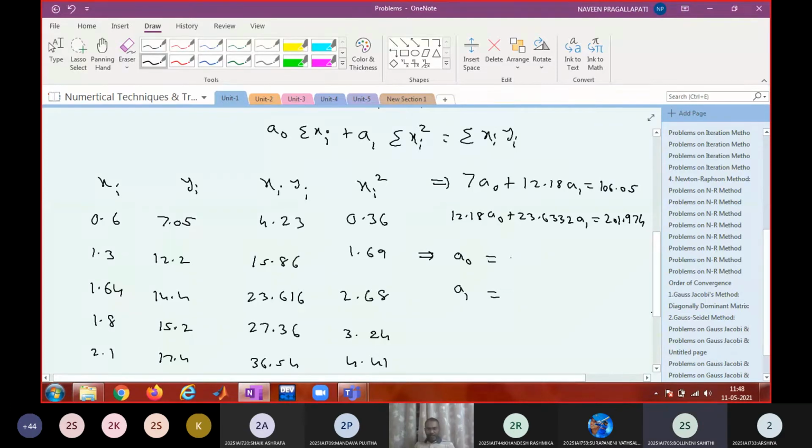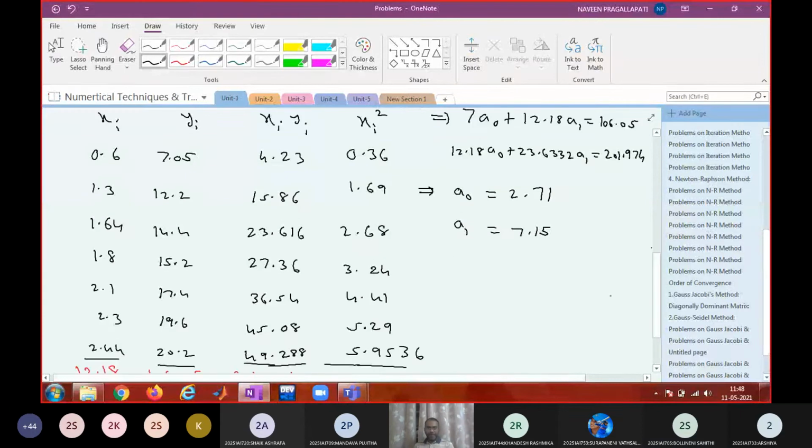2.71. You are rounding to 2 decimals? 2 decimals. Okay. And 7.15. Okay.